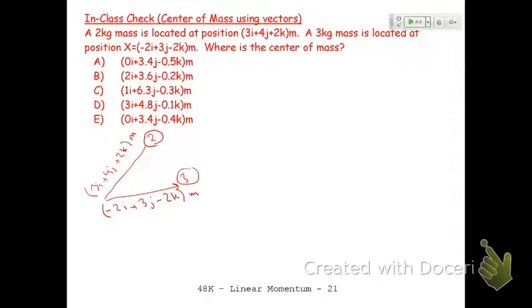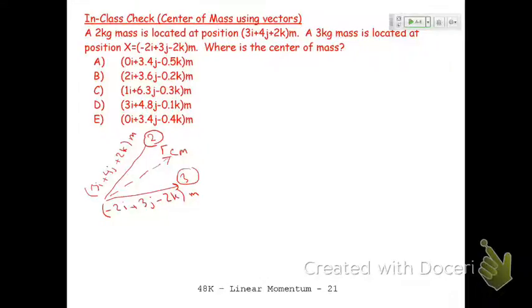Okay, and I want to find my center of mass. My center of mass on my diagram is going to be somewhere between the two of them. And because I'm working in 3 dimensions, the tradition is I use an R rather than an x or a y or a z. I just say, it's this vector.